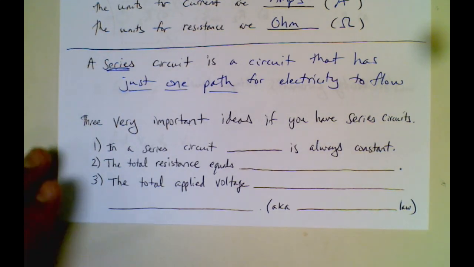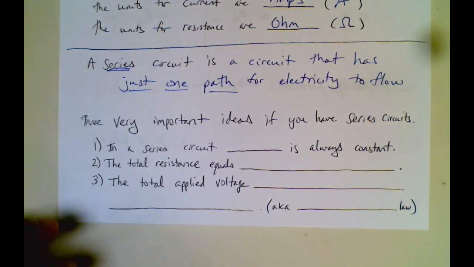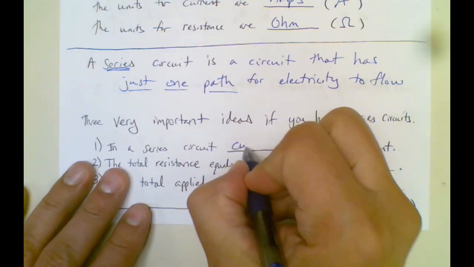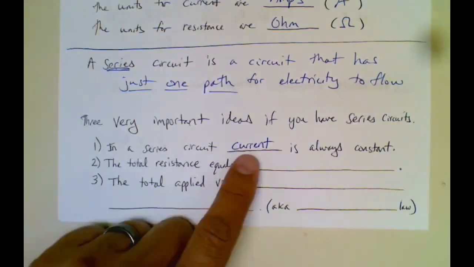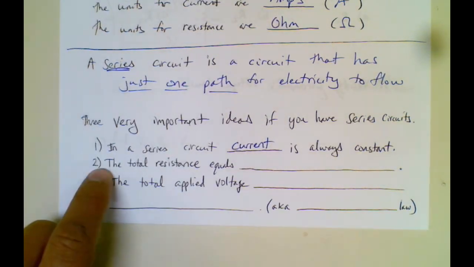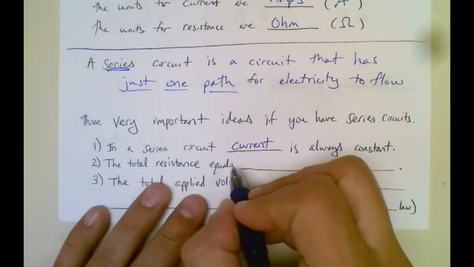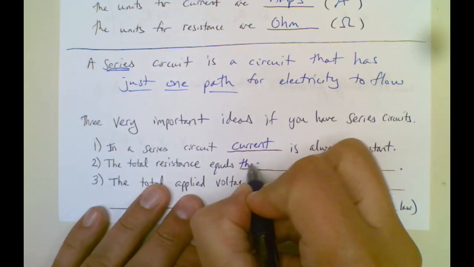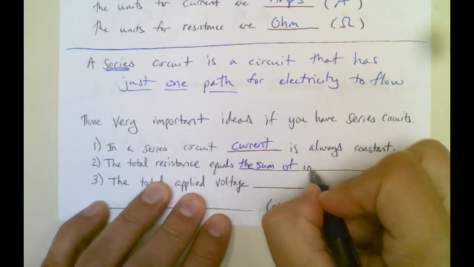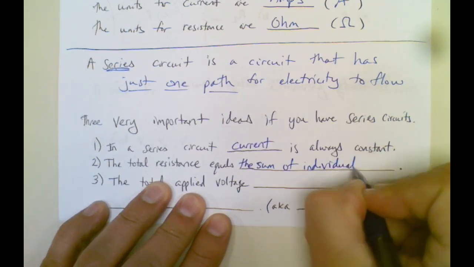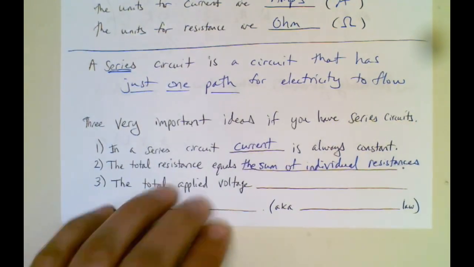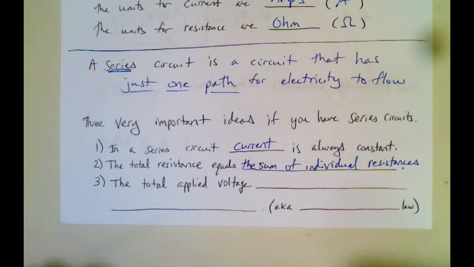Here are three very important ideas when we're solving series circuits. Number one, in a series circuit, the current is always constant. That's super important. That's how we're going to solve most of these problems. Number two, the total resistance equals the sum of the individual resistances. We're going to use that to solve a lot too.